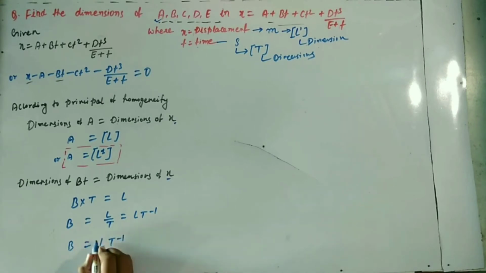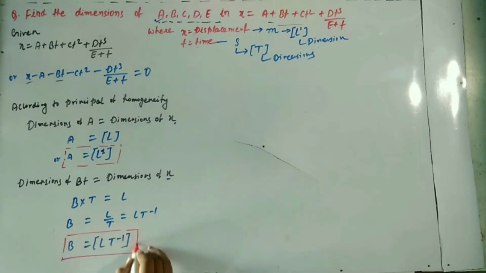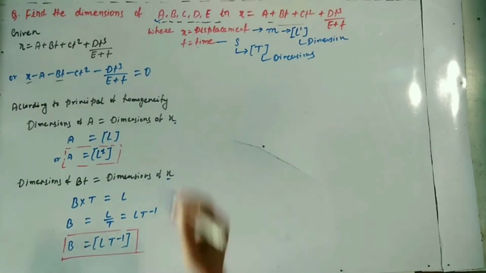So the dimensions of b is L T power minus 1.